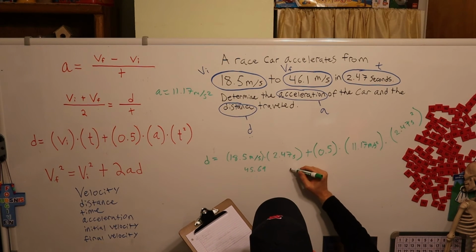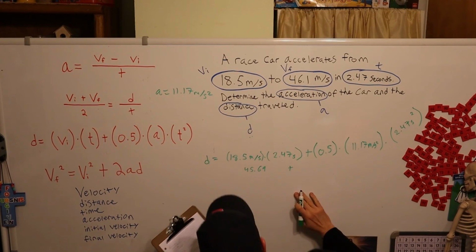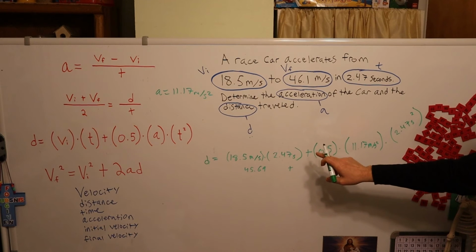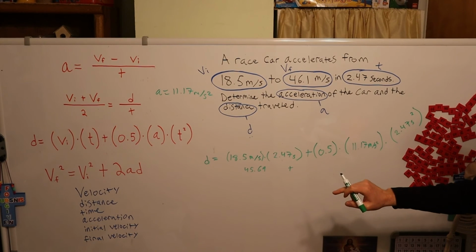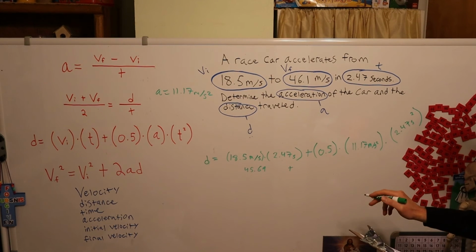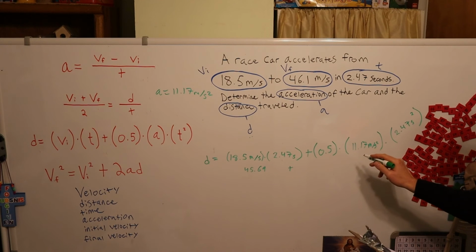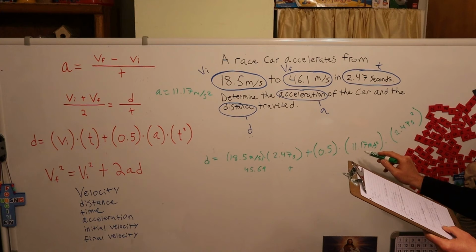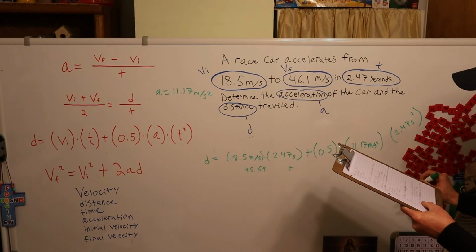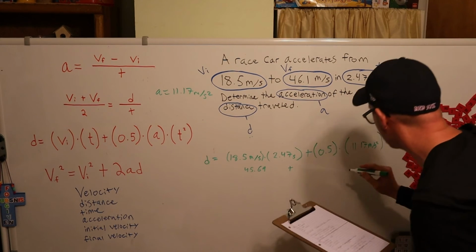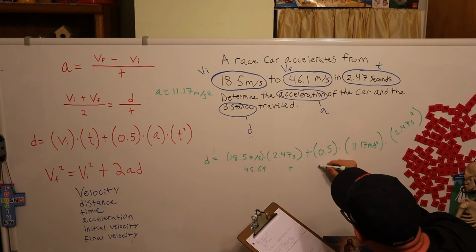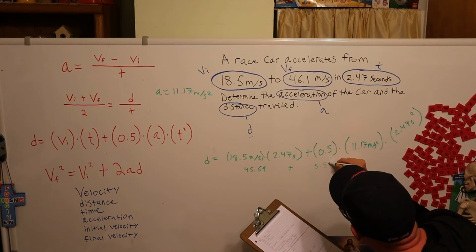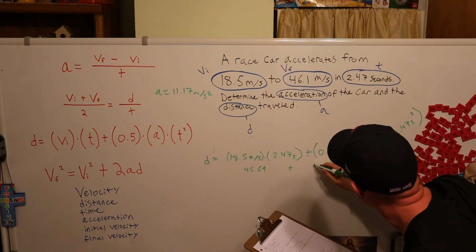Okay. So 18.5 times 2.47 is 45.69. And we're going to add that over here. I'm going to simplify this a little bit too. We'll go ahead and multiply these two things together here. And we get 5.58. Okay.